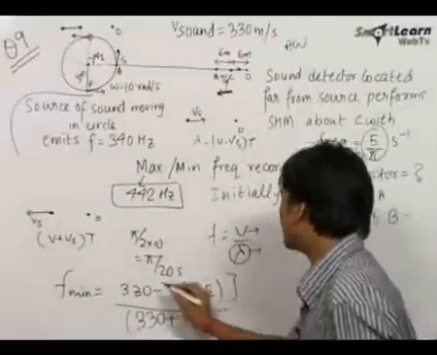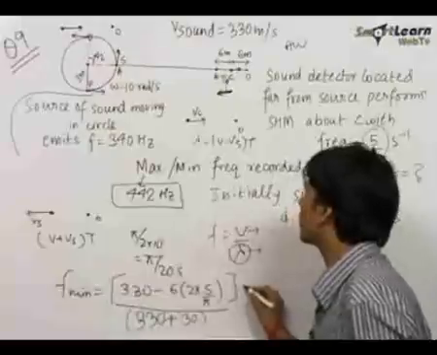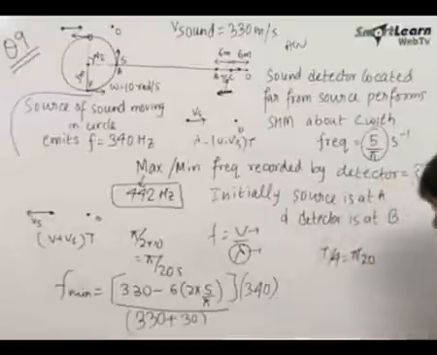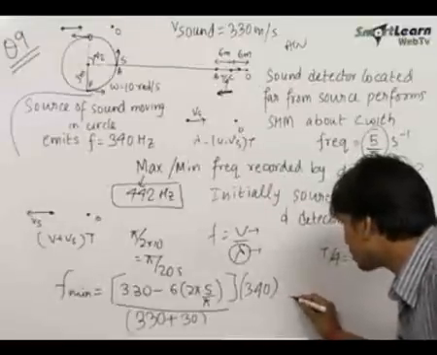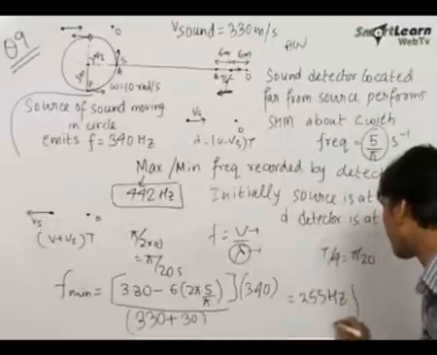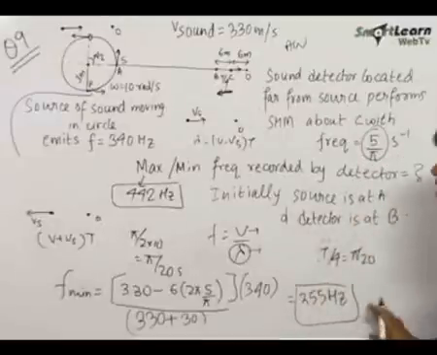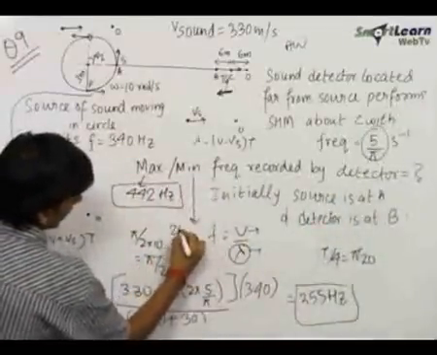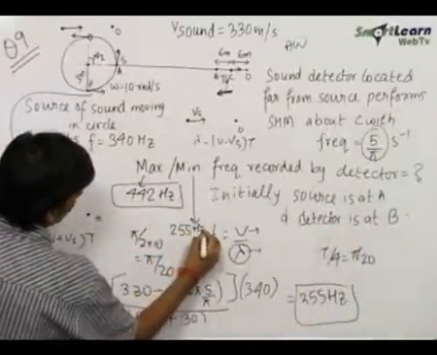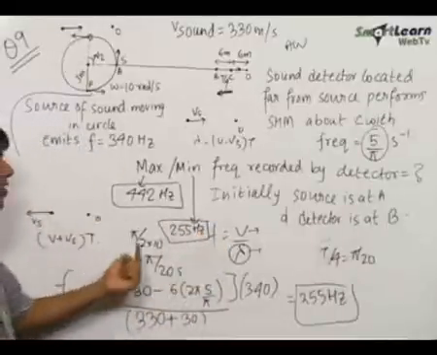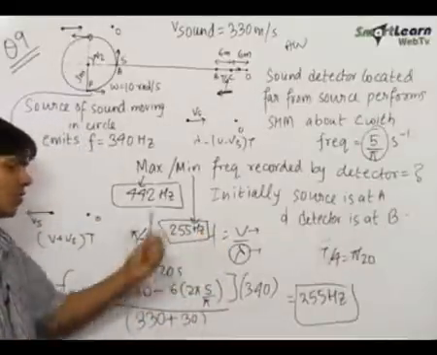The frequency is given to be 340 hertz. On solving this, this comes out to be equal to 255 hertz. So our final answer for the minimum frequency recorded by the detector comes out to be equal to 255 hertz. So final answer is 442 hertz is the maximum frequency and 255 hertz is the minimum frequency.